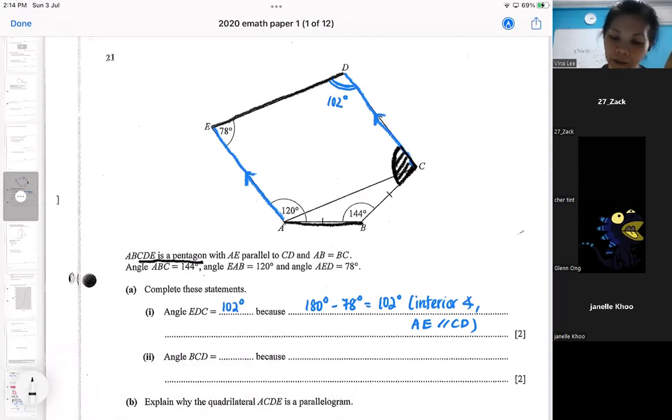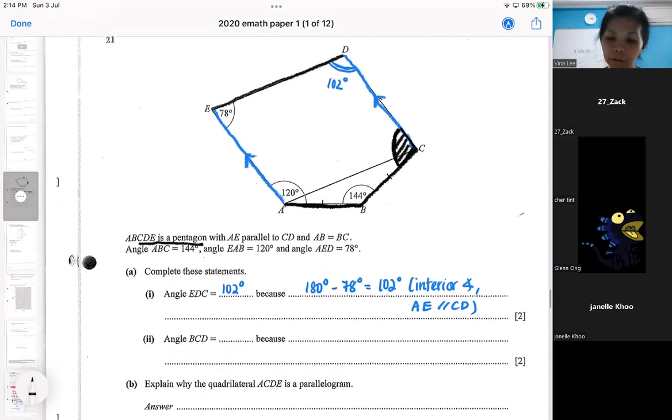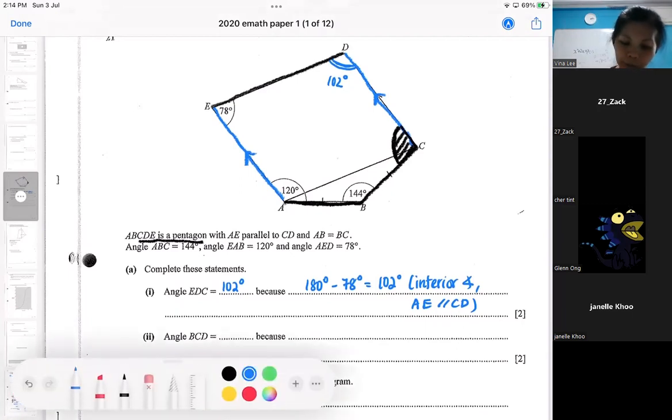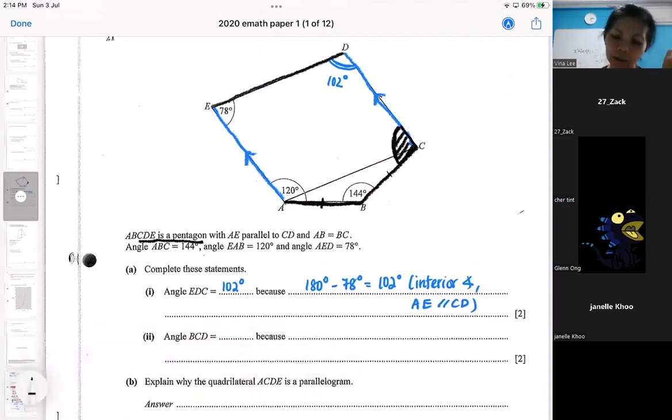Can you see this is a 5-sided figure? Later on, I'm teaching my set 1 on this one. So you can use the angle sum of a pentagon. Most people will end up trying to explain isosceles triangles and all that, but the more straightforward way is to use the interior angle. So you can do the calculation here.